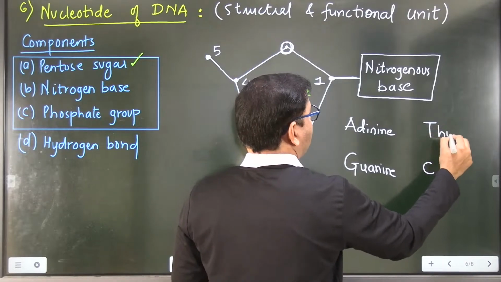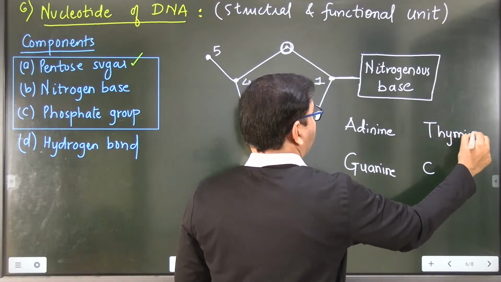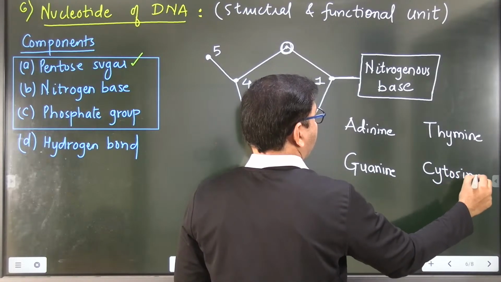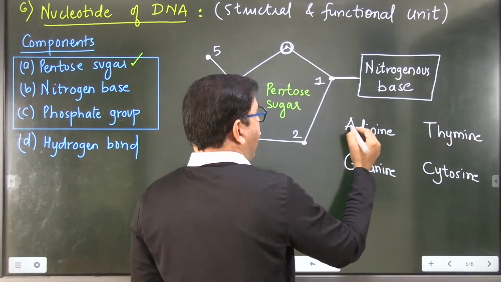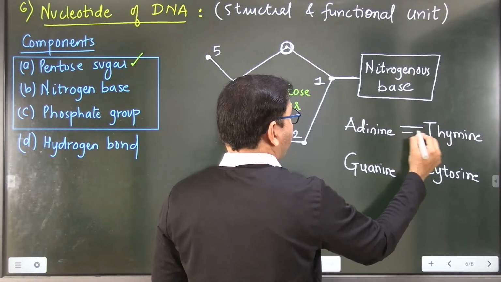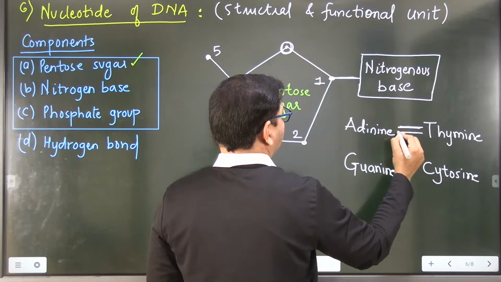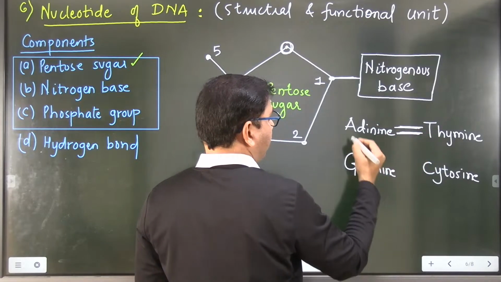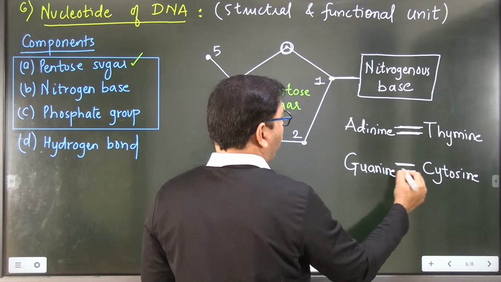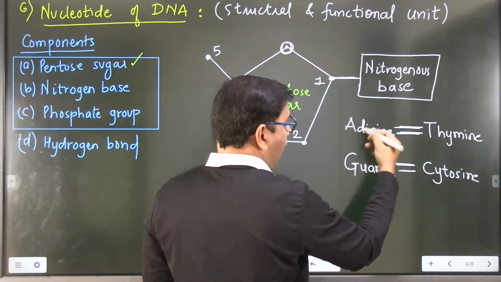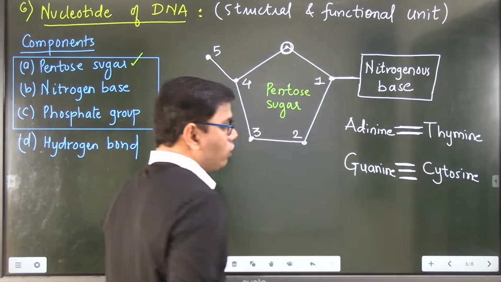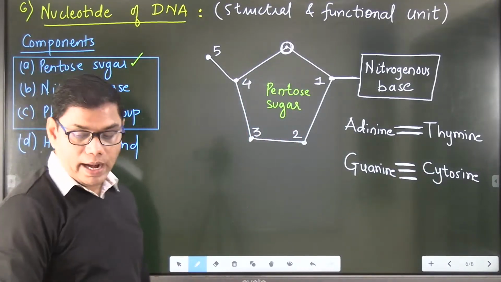T stands for thymine. And C for cytosine. Right? And adenine and thymine are bonded by a double hydrogen bond. This bond is a hydrogen bond, and A and T have a double bond. Again, this can be a question: how adenine and thymine are bonded together by a double hydrogen bond, and guanine and cytosine by a triple hydrogen bond.